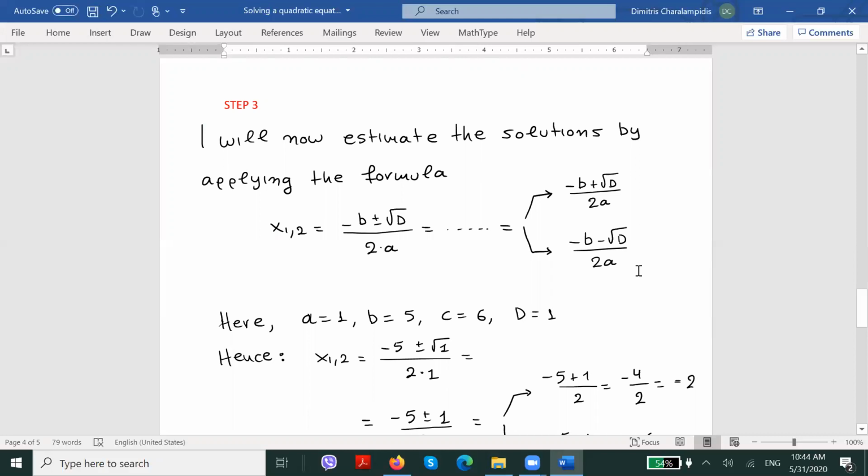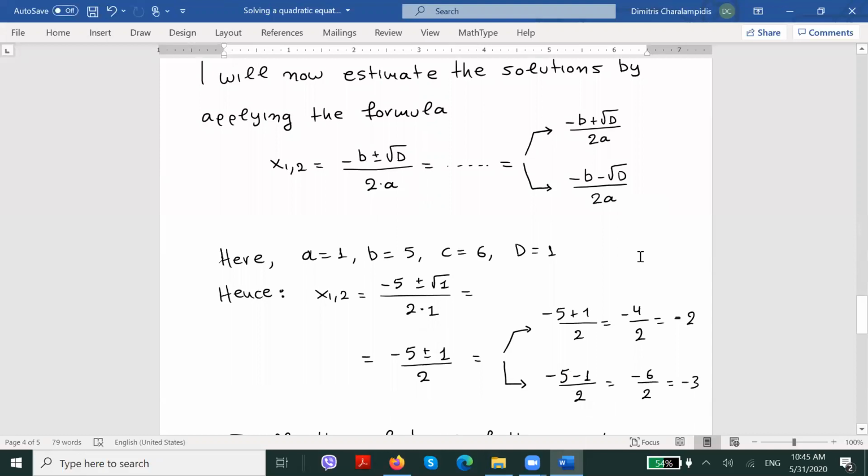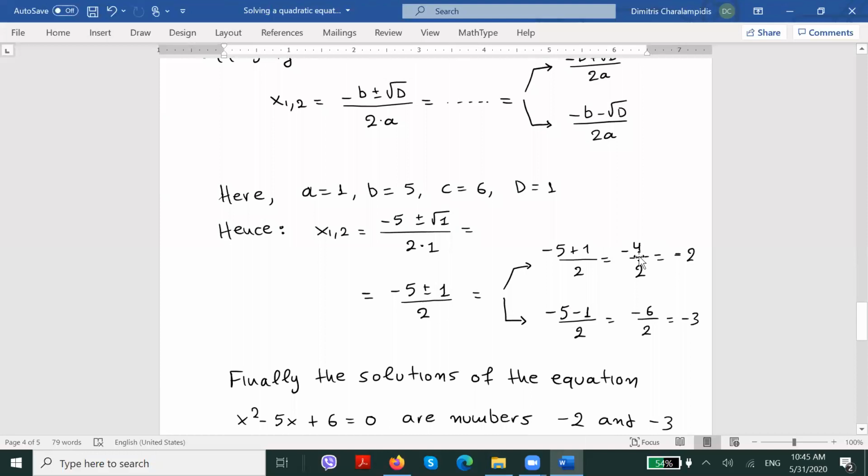Here, let's remember that in our exercise, a was found equal to 1, b was equal to 5, c was equal to 6, and from the second step, d is equal to 1. Therefore, x1,2 will be equal to negative 5 plus minus square root of 1 over 2 times 1, which is equal to negative 5 plus minus 1 over 2, and now we'll split it into two different fractions.